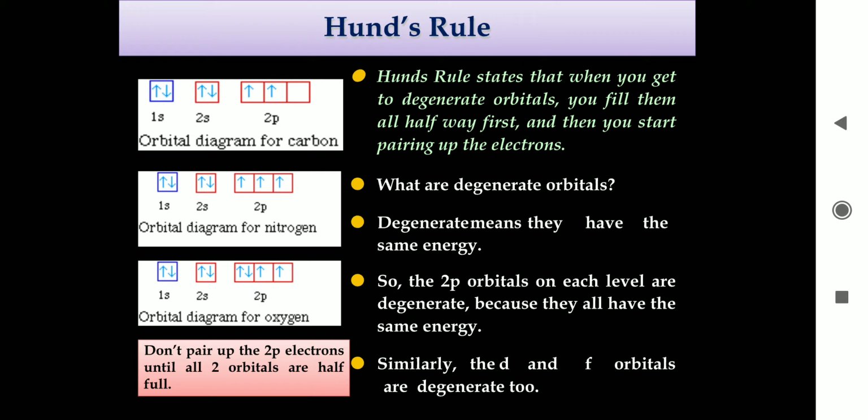or in the other form, pairing of electrons takes place in the orbitals of p, d and f subshells after each orbital is filled with one electron. Here p orbitals, d orbitals and f orbitals have degenerate orbitals.